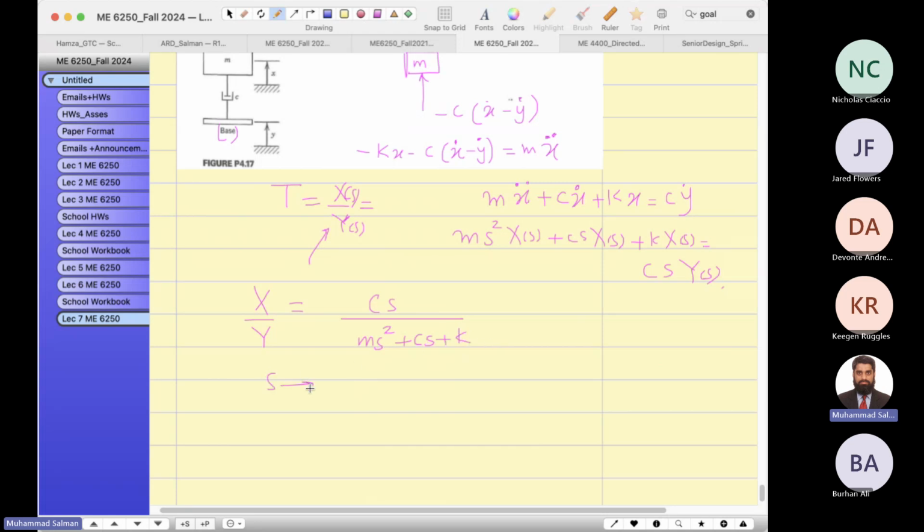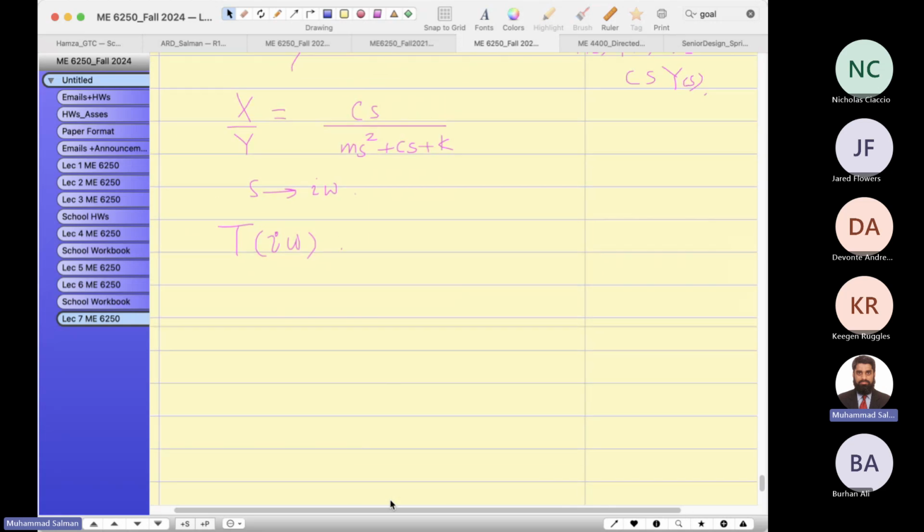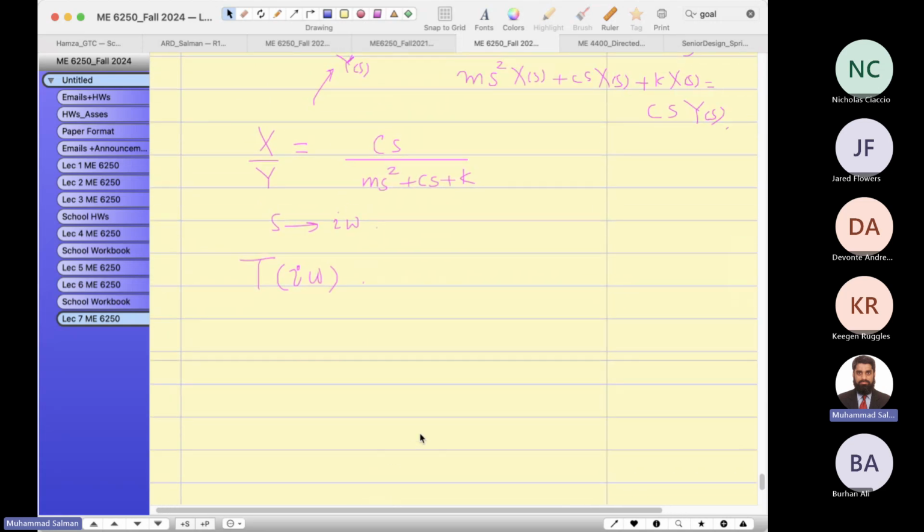Agreed. Now you replace s by iota omega, because we want to find the transmissibility in the frequency domain, to see at what frequency, what the bandwidth is, and what the Bode plot is. Is this clear? It's the same method.